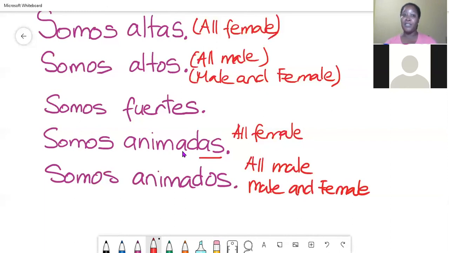Your 4-form adjectives are going to have singular masculine, singular feminine, plural masculine, plural feminine to match the nouns they're describing. Your 2-form adjectives will be only singular or plural. The gender is irrelevant to agree with the noun they're describing. In a nutshell, como es, como son. Adios.